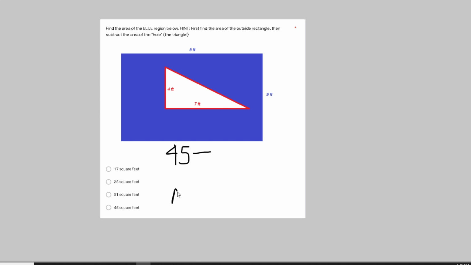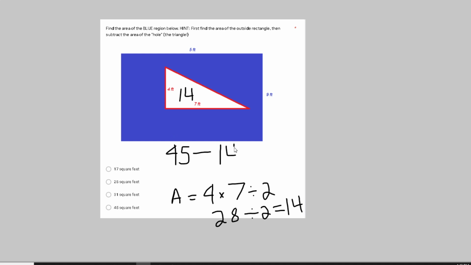So the area of the triangle is 4 times 7, and then we have to divide that by 2. We know 4 times 7 is 28, so 28 divided by 2 is 14. So the area of this triangle is 14 square feet. 45 minus 14 will give you 31 square feet.